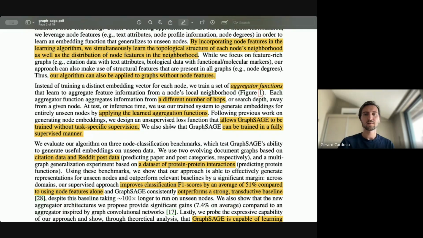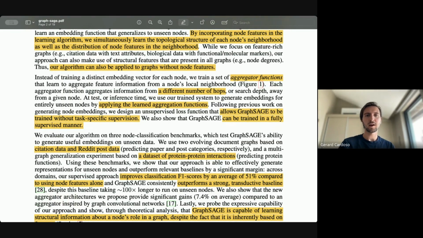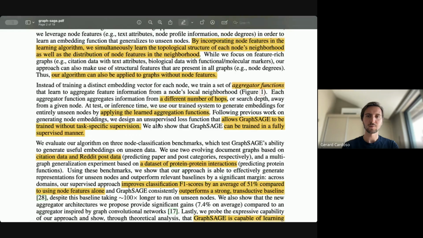You can train this approach in two different ways. There's an unsupervised way of training it, where they have an unsupervised loss function, which we'll go over.